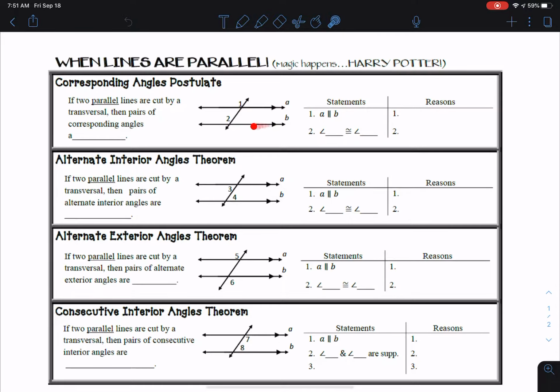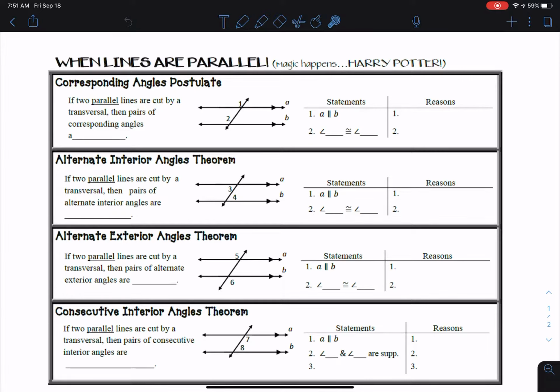Line A and line B, two straight lines like that, means that they're parallel. Okay, and it says it's cut by a transversal. A transversal is just a line that cuts between the two parallel lines. This line right here is the transversal.